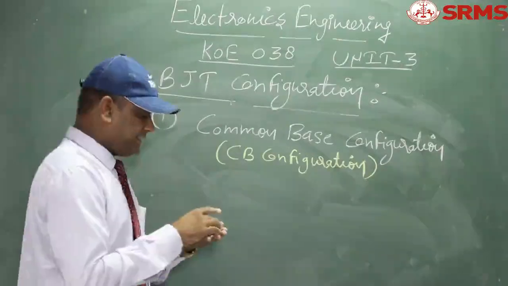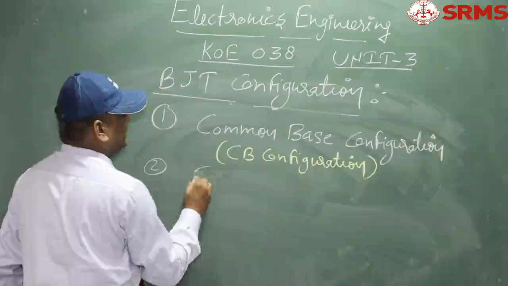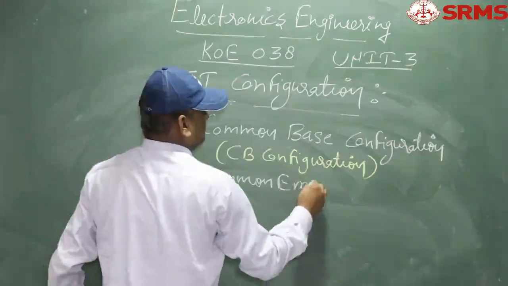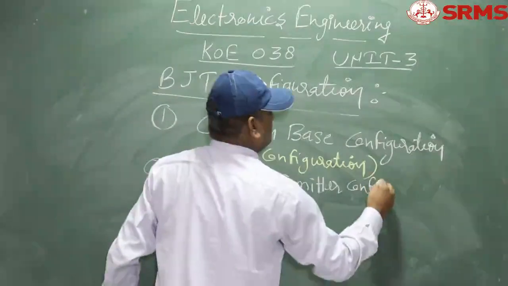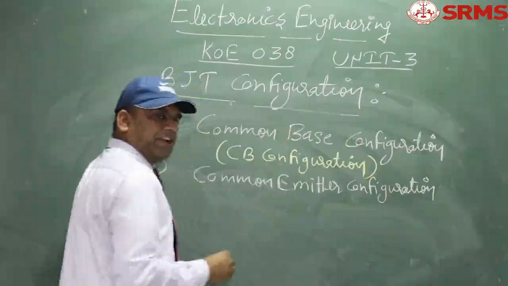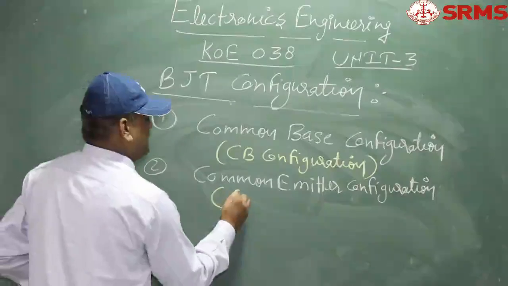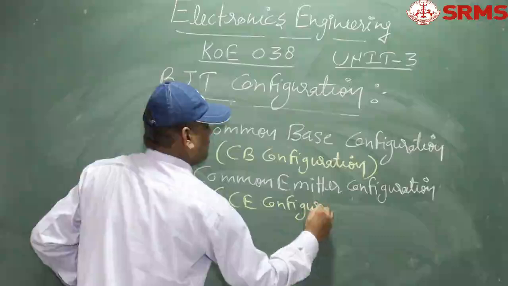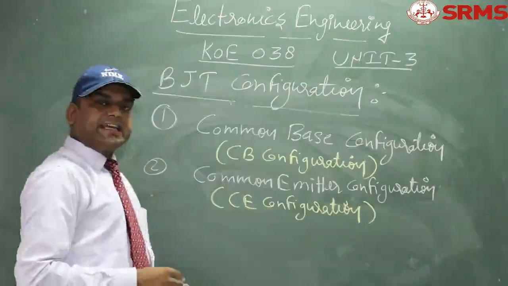And the second configuration which could be possible is common emitter configuration, and that configuration is also known as CE configuration.